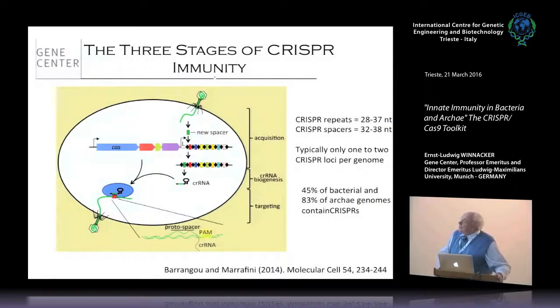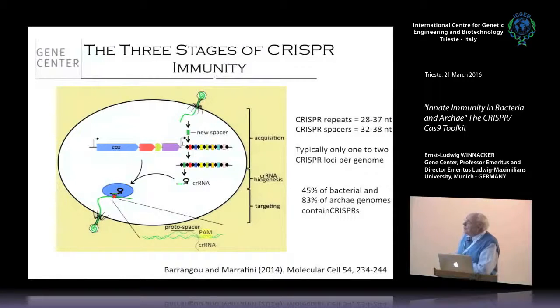And then it's cut down by a nuclease into these small pieces, and these pieces bind to a nuclease here in blue, and this then cuts the phage DNA, and then the phage cannot infect. It's really very simple. But it's a mechanism which requires a lot of RNA.